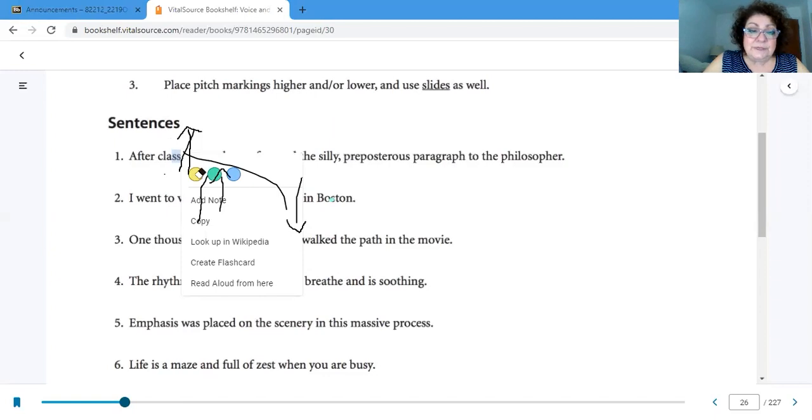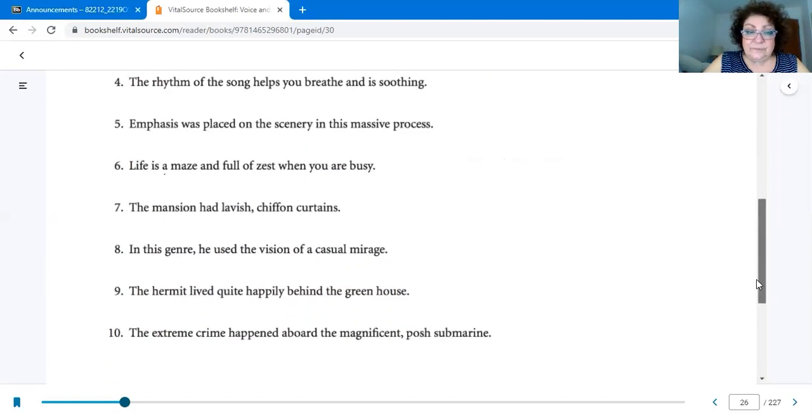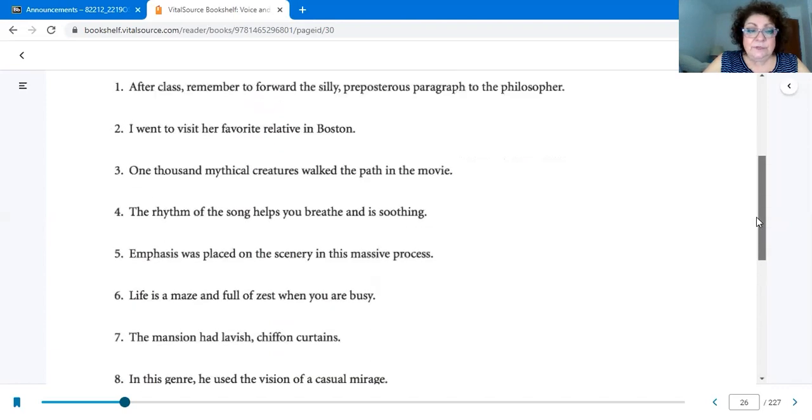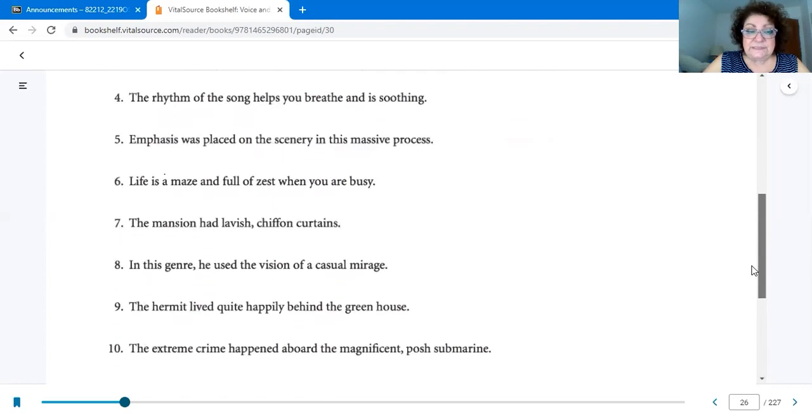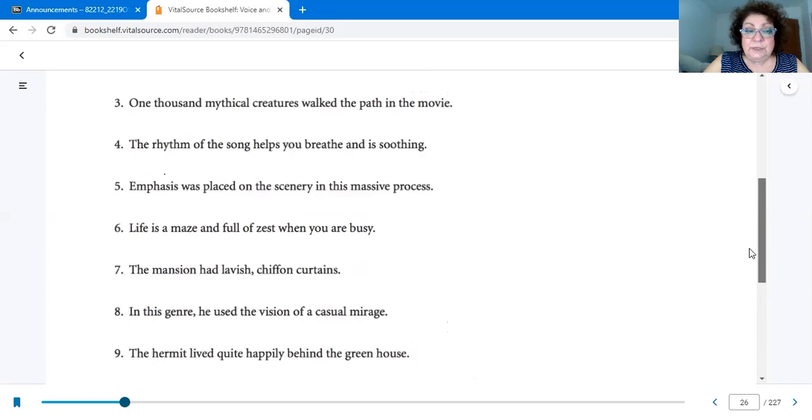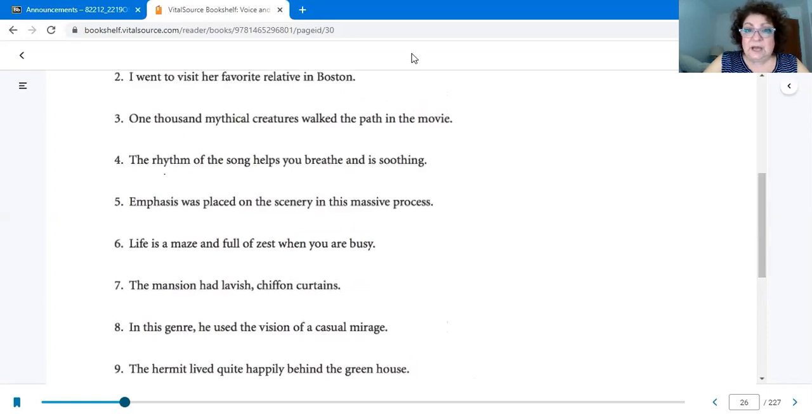Your homework is to complete adding pitch change here. Now, do sentences 1 through 5.